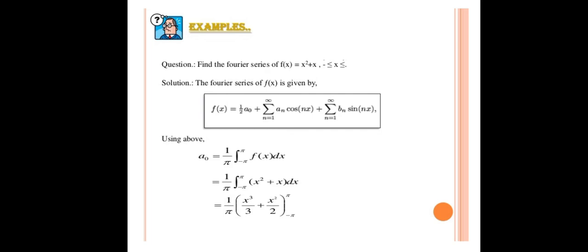Taking the integration, the integral of x square is x cube by 3 and the integral of x is x square divided by 2, from minus pi to pi.